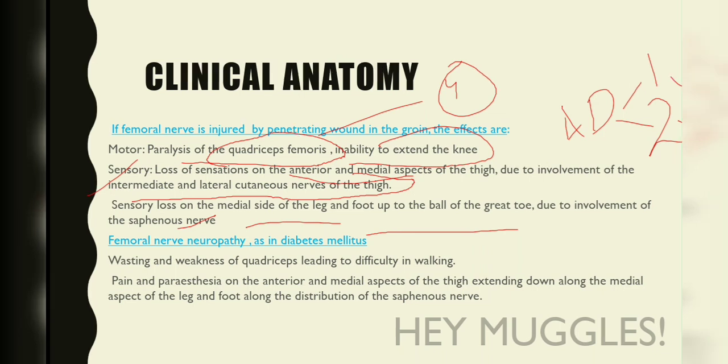So the area supplied by the femoral nerve, that is the anterior and medial aspect of the thigh, then the medial aspect of your leg, medial aspect of the foot, and the distribution of your saphenous nerve. So all these areas, all these distributions, are affected, and there would be pain and tingling and pricking like sensation over this area in case of femoral nerve neuropathy, which happens in diabetes mellitus, right?